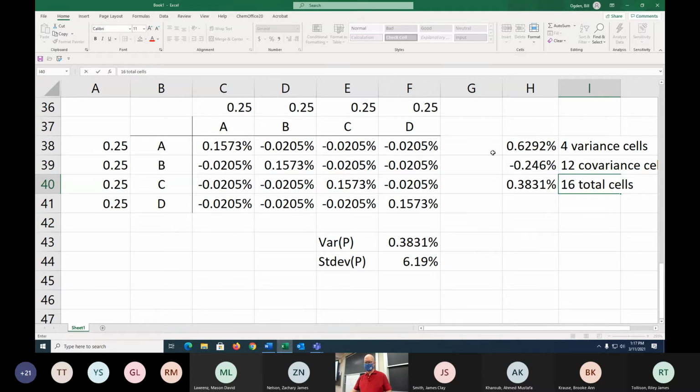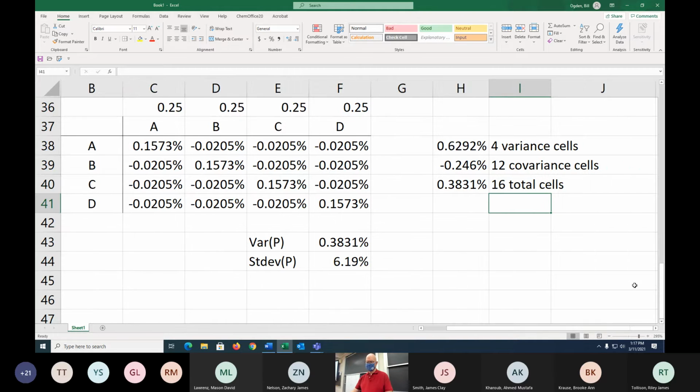All right, and so this is the portfolio variance, the variance of the portfolio.